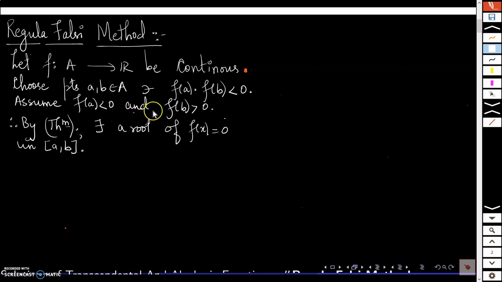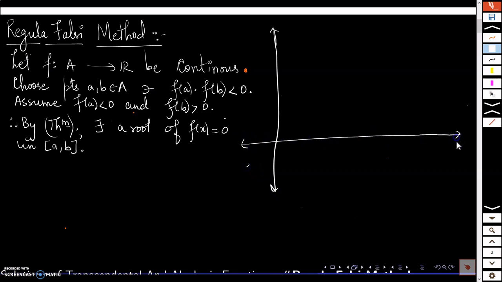So what I will do is put this geometrically in a graph and let's see what we can understand from the graph. Supposing this is my x-axis and y-axis, and I have the point a and the point b somewhere here, and f is a function from a to b. So I will draw the function, somewhere like this. It's a continuous function, so it cannot break, right?